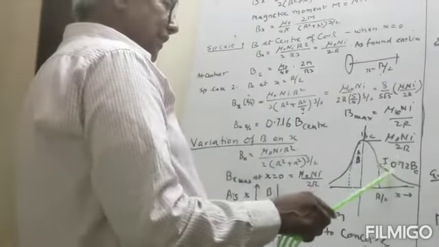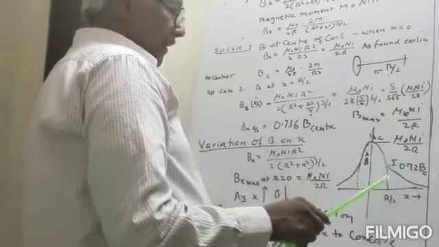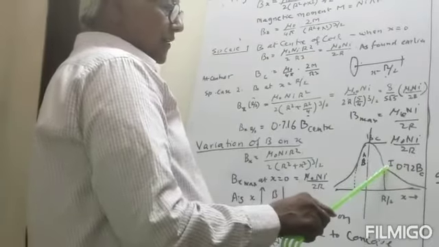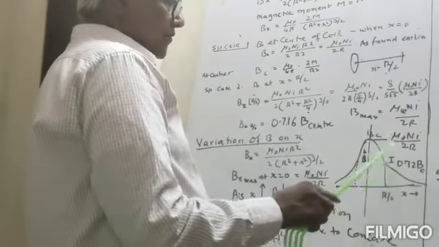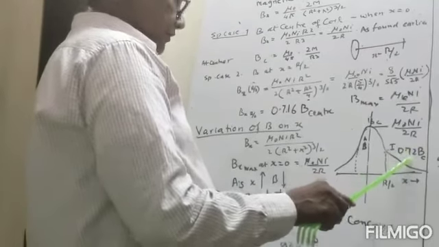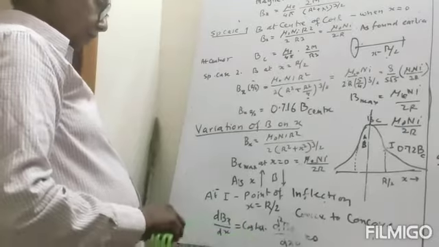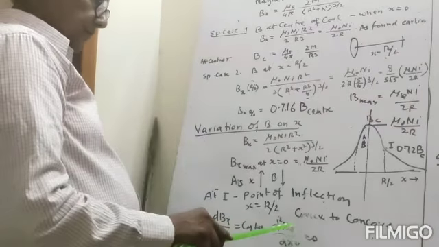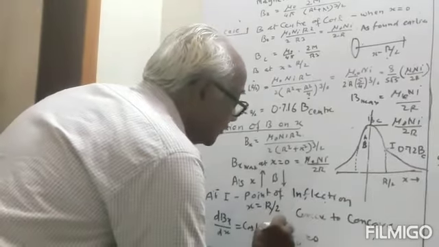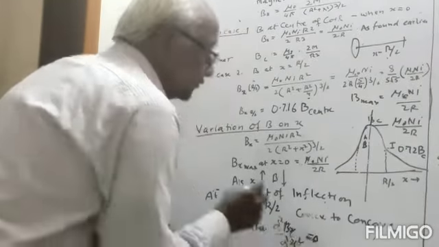Now you can find the position of the point of inflection. At the point of inflection, dB/dx will be constant, so d²B/dx² will be equal to 0.